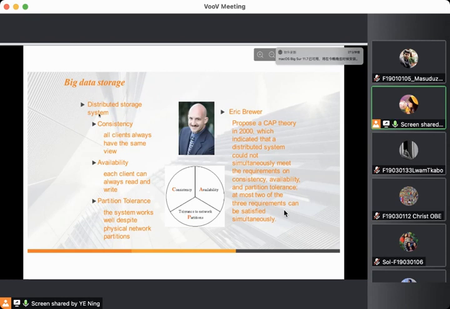So for distributed storage systems in a database, we should account for consistency. All clients always have the same view, like we should be based on the standards, right?